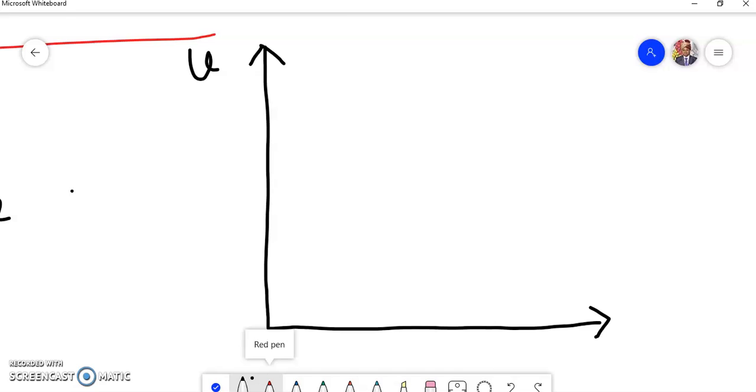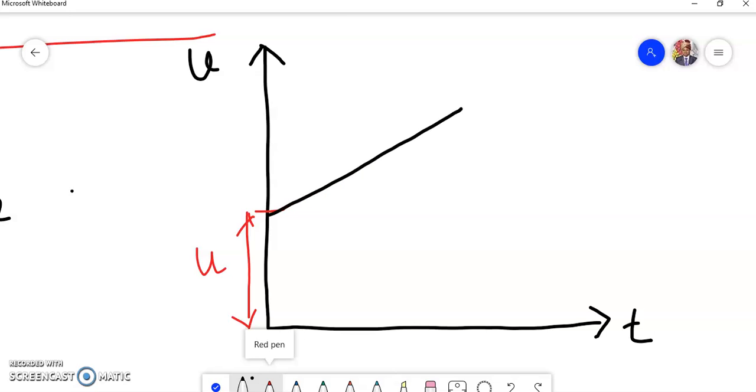V on the y-axis and t on the x-axis, and we will presume that the initial velocity of the object is u. The object is moving with uniform acceleration, and that is shown by this line.